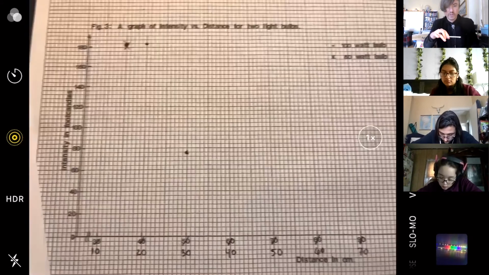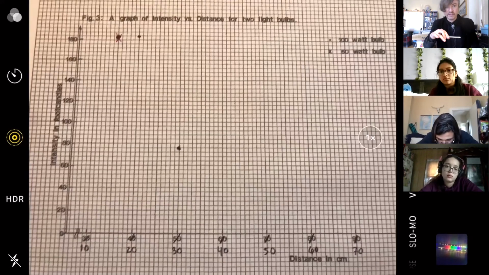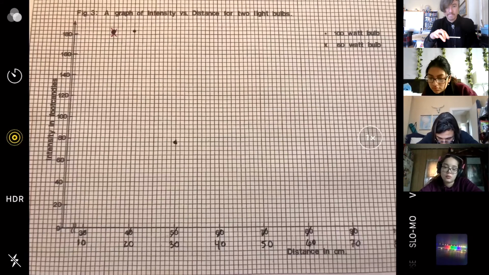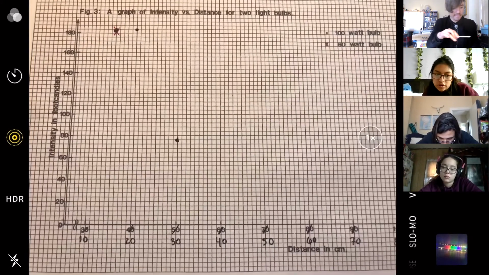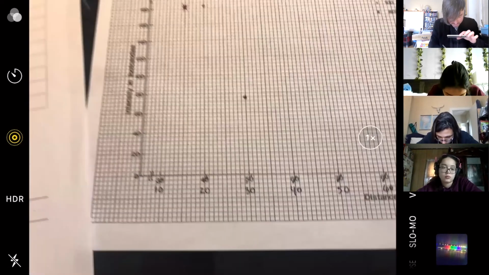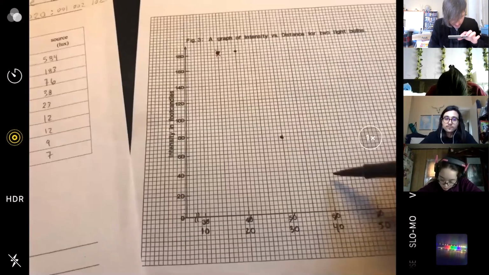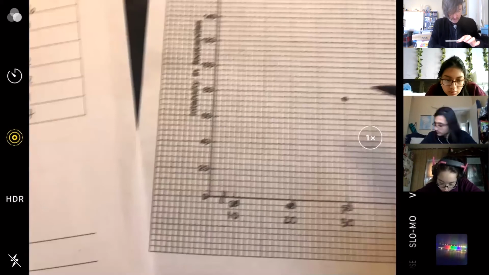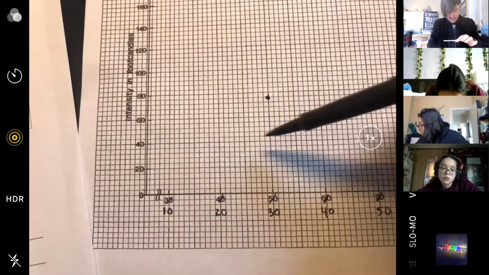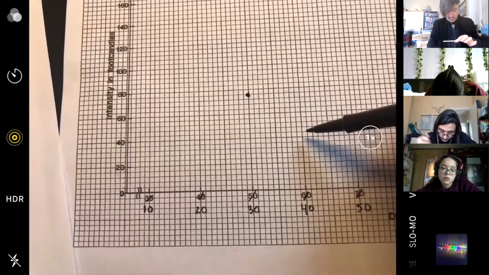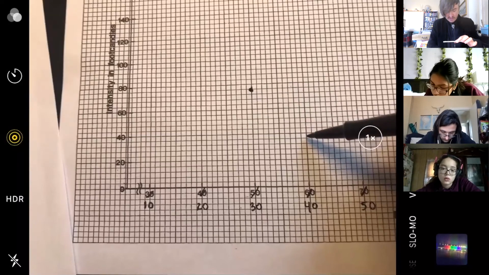All right, how about at 40 centimeters? 38. Okay, so where are we going to put that? Here's 40 lux and 40 centimeters. That's 36.